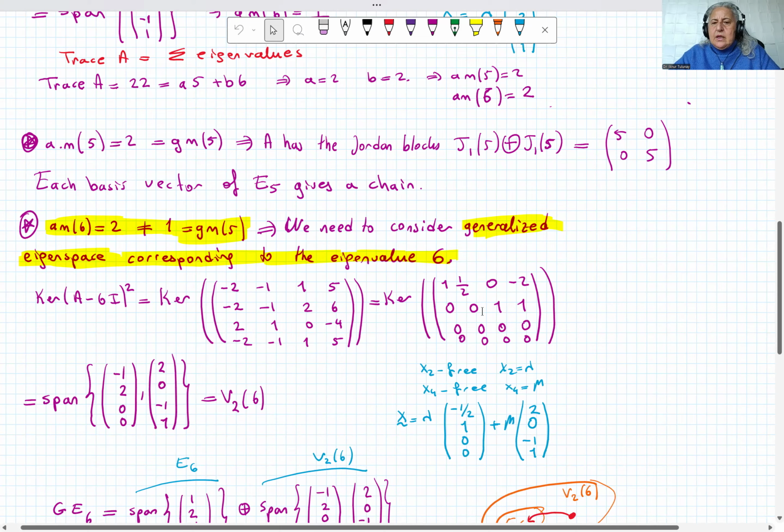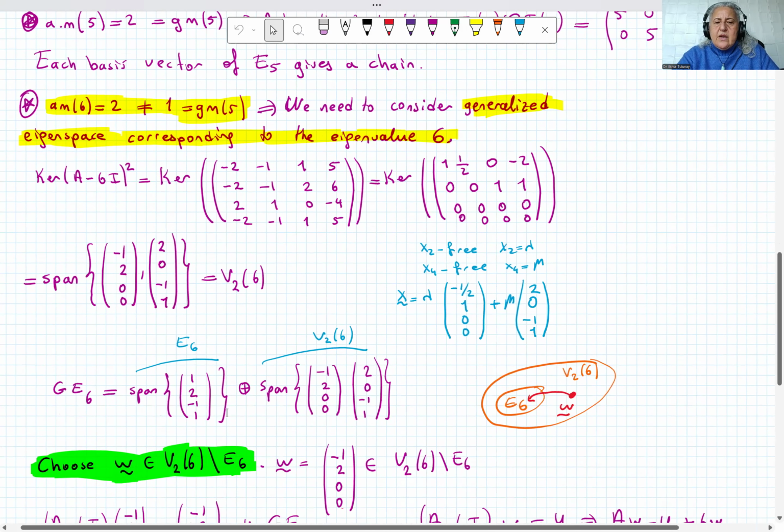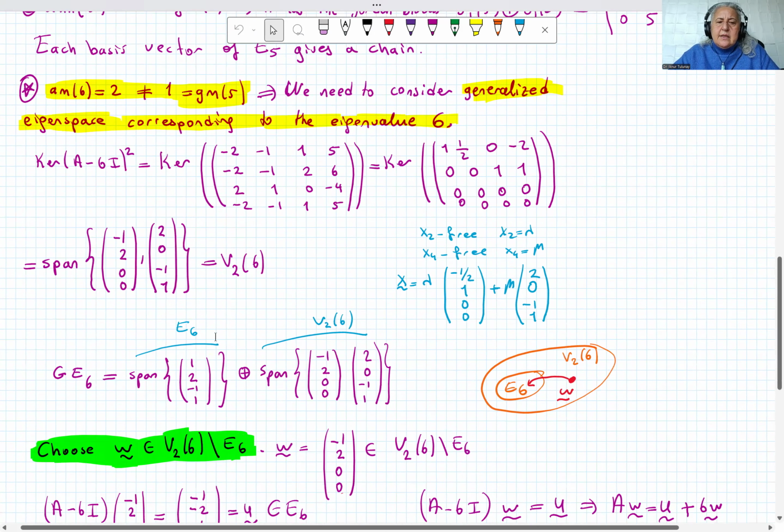Then I have 2 basis vectors from this space, coming from these equations. It is easy to figure out. So what I found here, E6 consists of 1 vector, and V26 consists of 2 vectors. And that is the generalized eigenspace for E6.